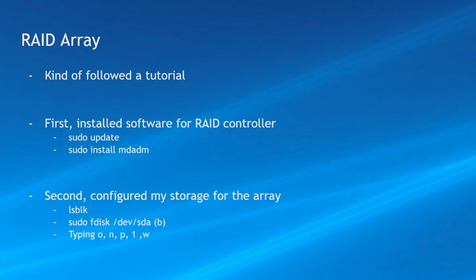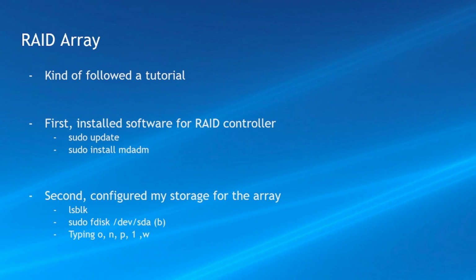First, I started out with my RAID array, so I had some place to put my game server's information, and then I followed the tutorial given from our project proposal, but I started off with updating my Pi and installing MDADM for the RAID controller.